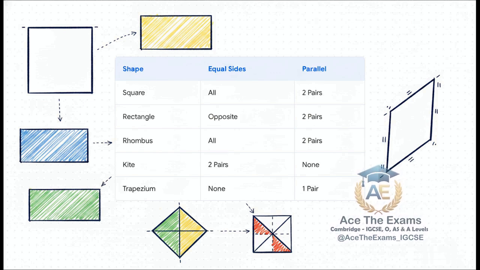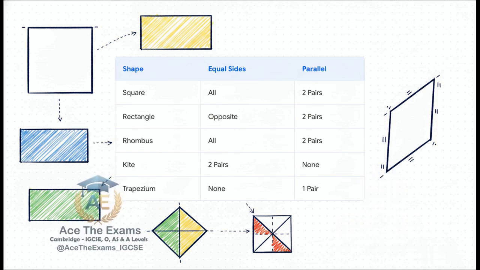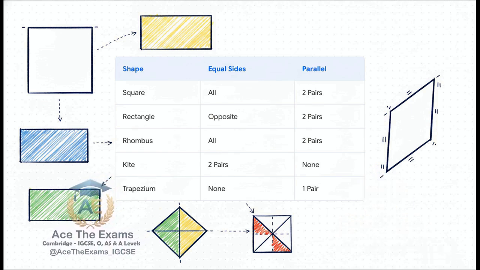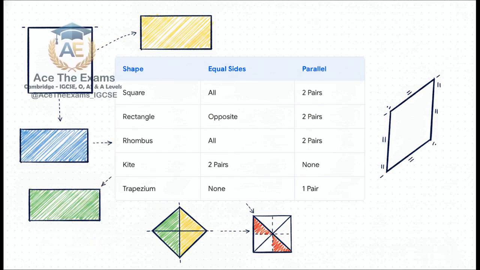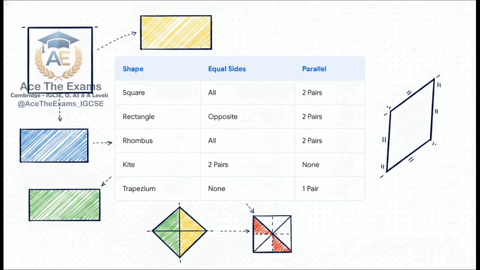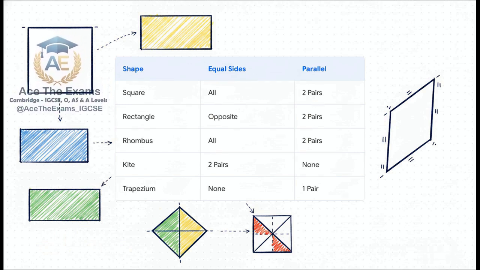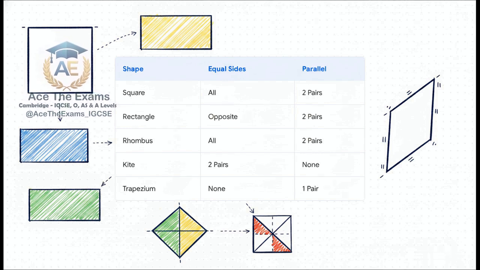Now, a rhombus is essentially a pushed-over square. Equal sides but no 90-degree internal angles. Parallelograms have opposite equal sides but absolutely no right angle rules. A kite relies on 2 pairs of equal adjacent sides. And a trapezium? It only needs a single pair of parallel sides to exist. You have to be strategic. Memorize these properties so you can instantly extract the core trend from any shape they throw at you.